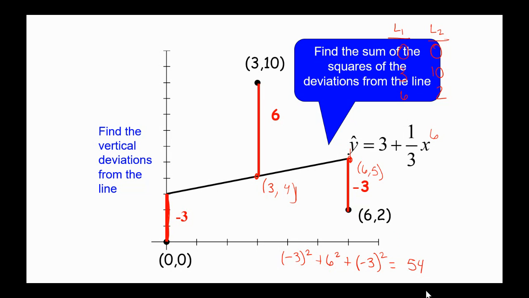That's right. So on a least squares regression line, this is the number we're trying to minimize. That's what we want to minimize. This is what we're doing when they ask for a line of best fit.